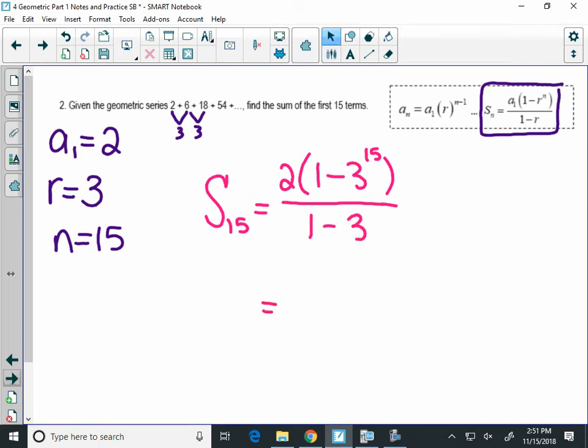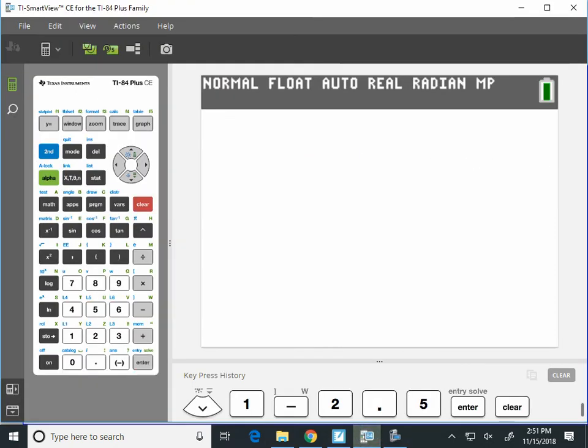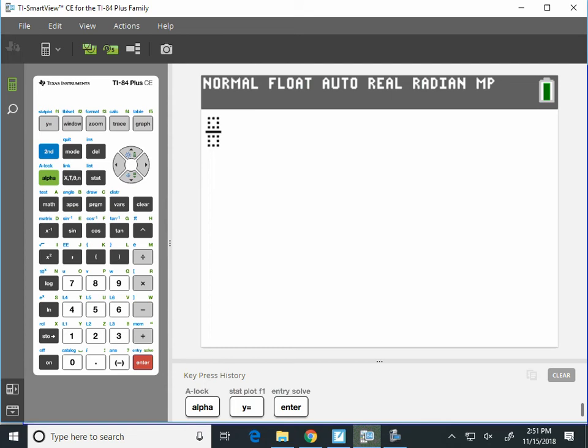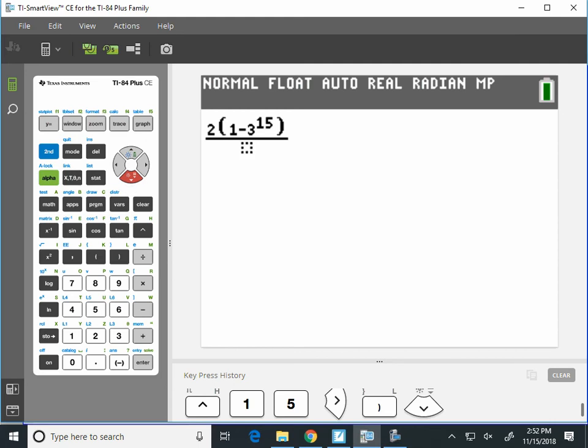Once you have that written down, again, you're just going to put that into your calculator exactly as it's shown. So again, start with your fraction, and then start with what you have. Your first term times 1 minus 3 to the 15th power. Make sure your parentheses come down so that it's outside the entire quantity, and that your denominator is 1 minus the common ratio.